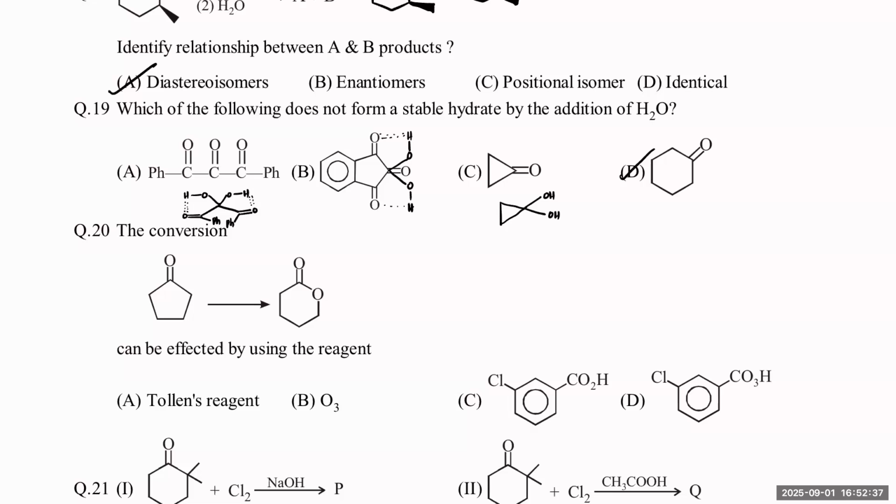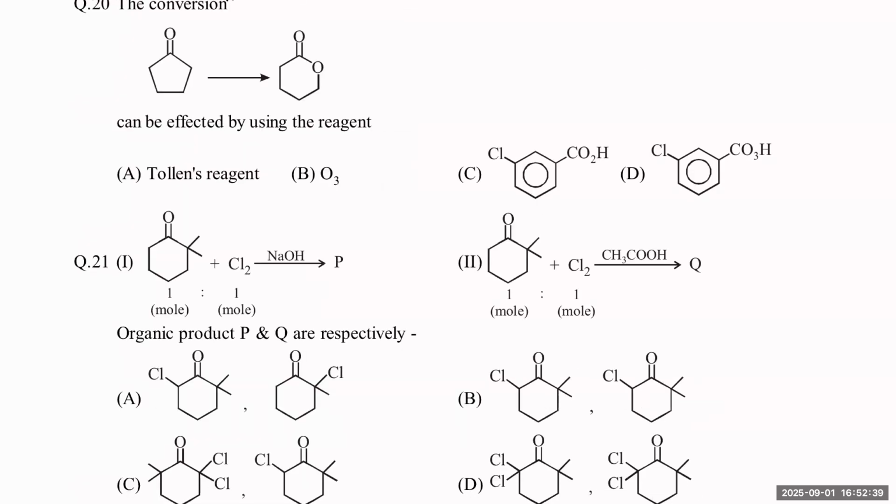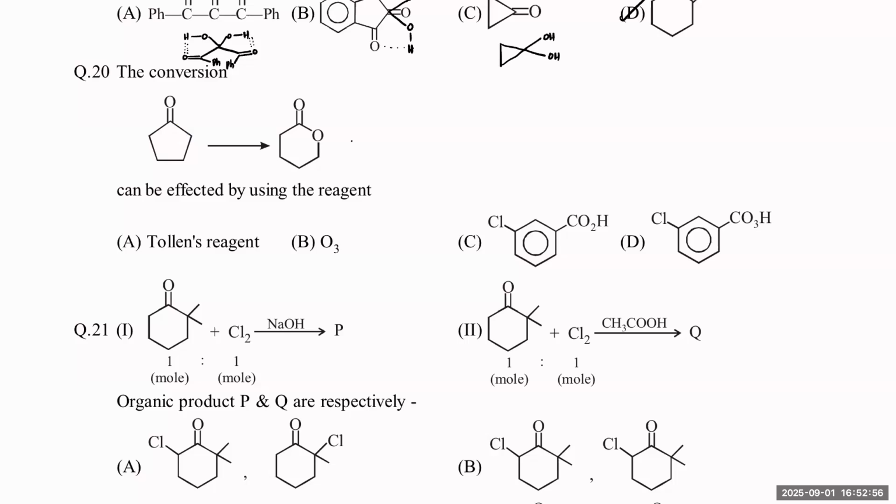Next, the conversion from here to here. How can that be affected, by using which reagents? If it is basically an oxygen getting inserted at the center, what do we call this kind? This is called Baeyer-Villiger oxidation.